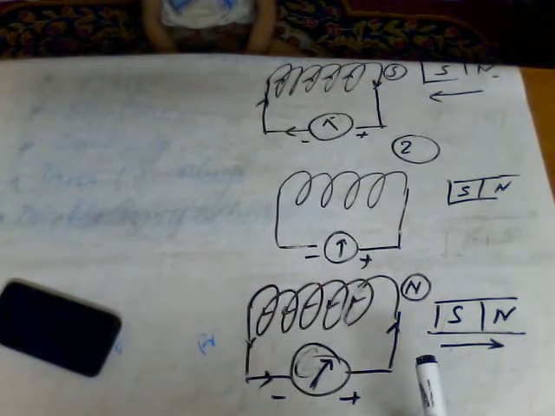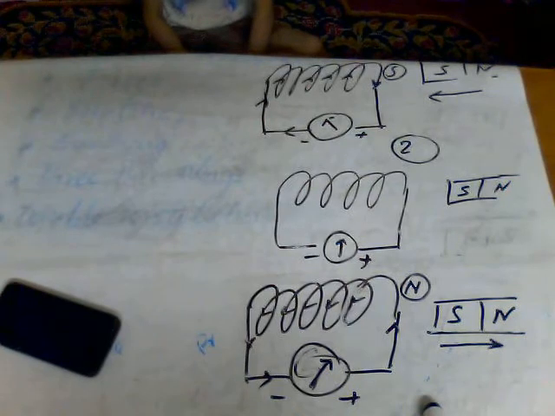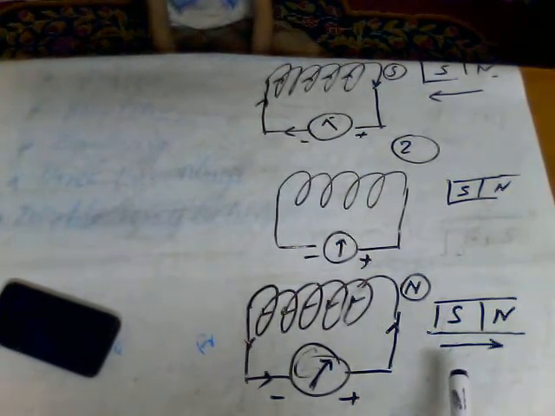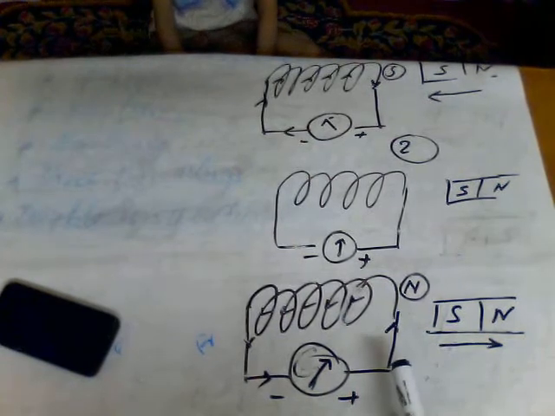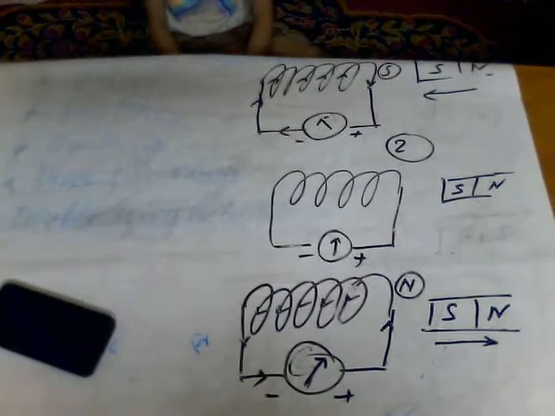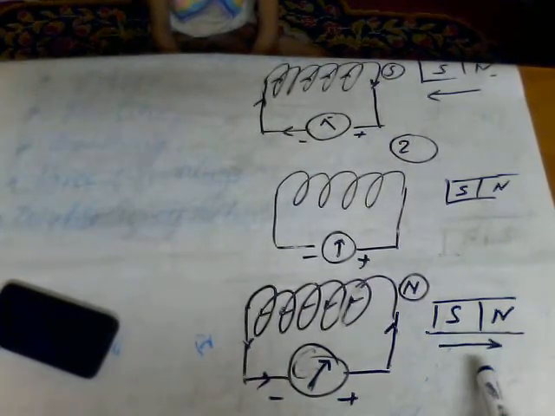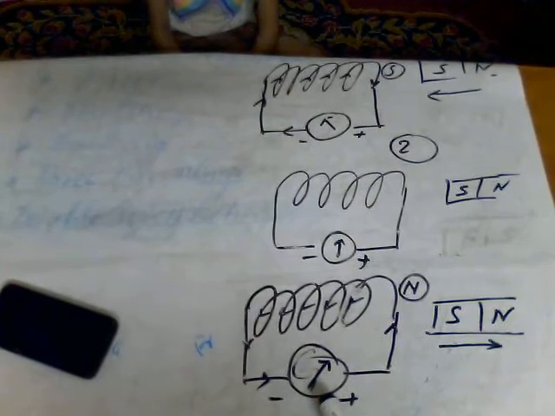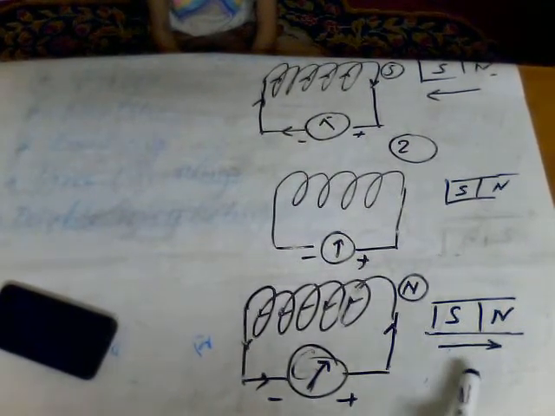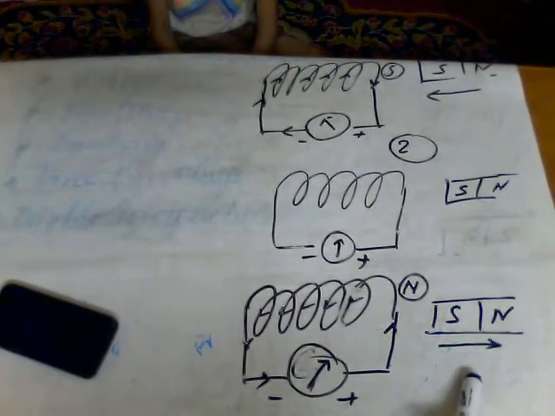In the first figure and the third figure, it is very clear that in both cases, whether the south pole moves toward the coil or away from the coil, the current direction is opposite to the motion of the bar magnet. But the needle direction is parallel, in the same direction as the magnet.